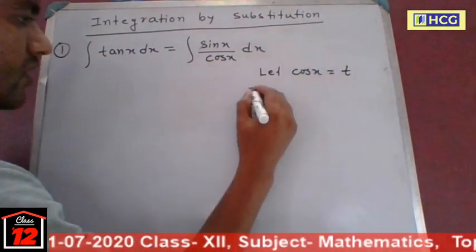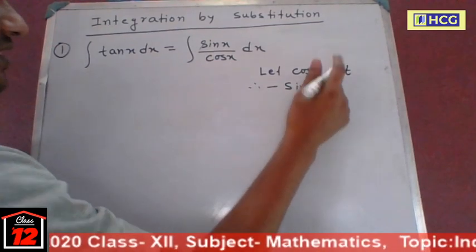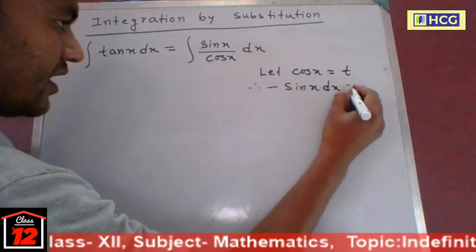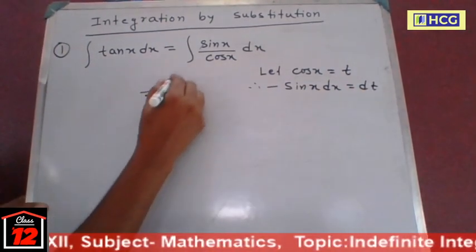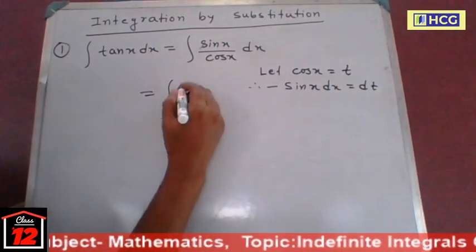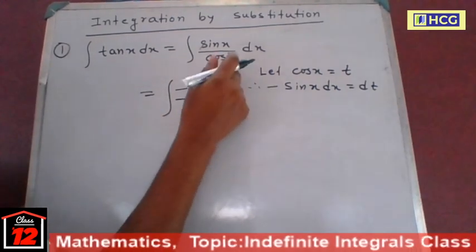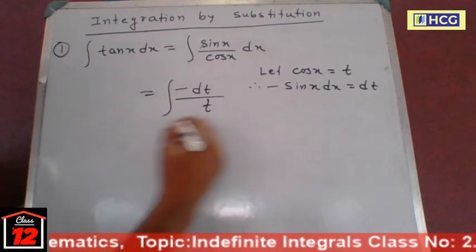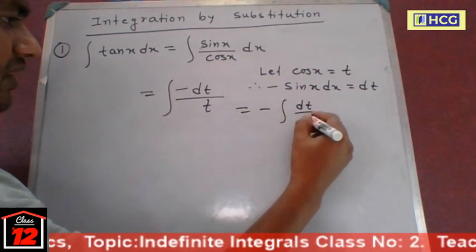Therefore, the derivative of cos x is minus sin x, so minus sin x dx equals dt. So sin x dx is equal to minus dt. Dividing by cos x, which is t, we get minus dt by t. Now this equals minus integration dt by t.